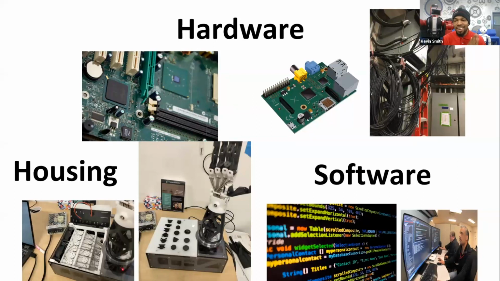So housing is another important piece. So understanding that hardware, software, and the housing are the 3 core components to constructing a robot. We're going to dive into Tinkercad and see how we can complete each of these 3 components all within the platform that we have in front of us, right?